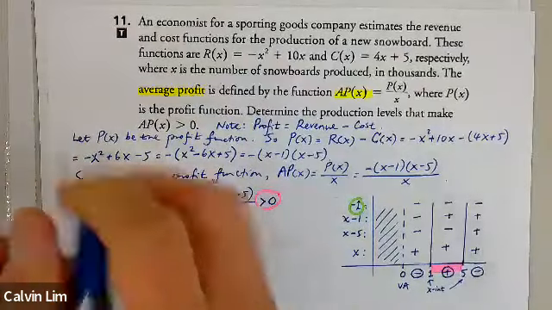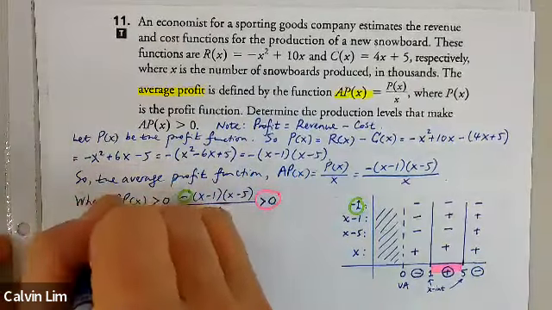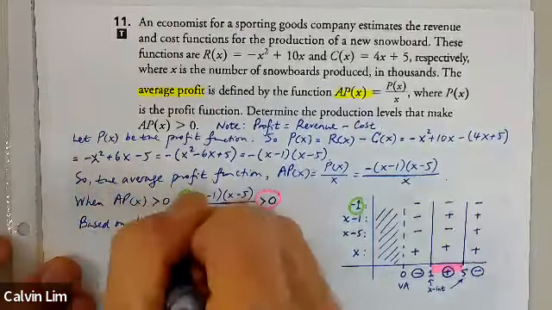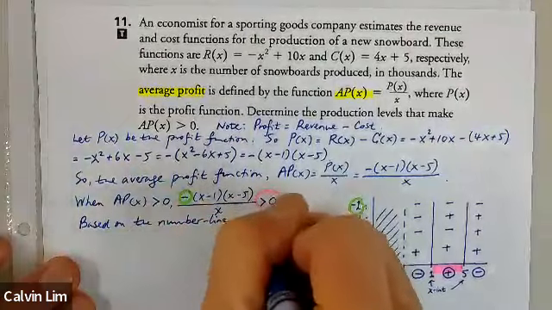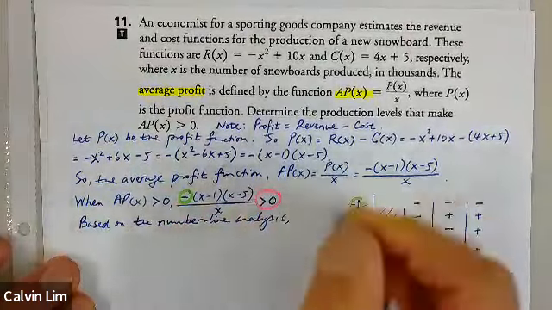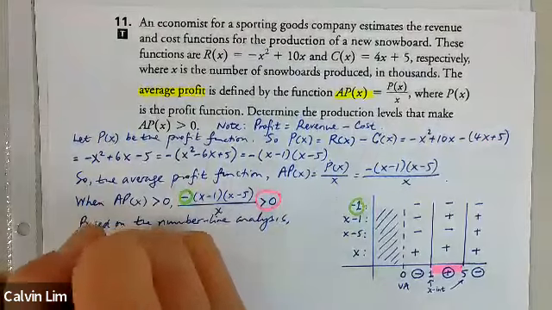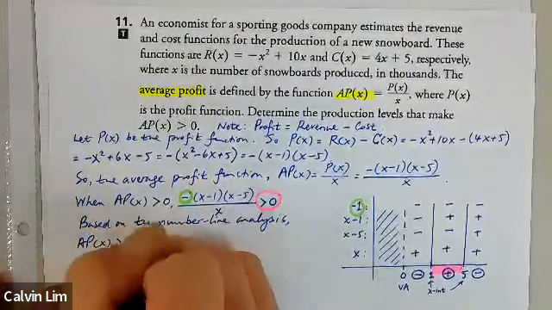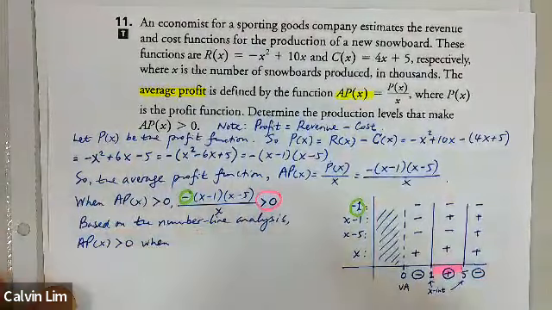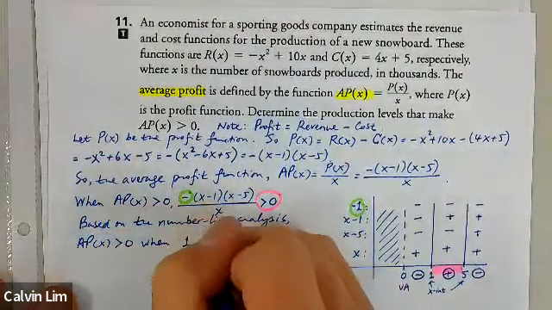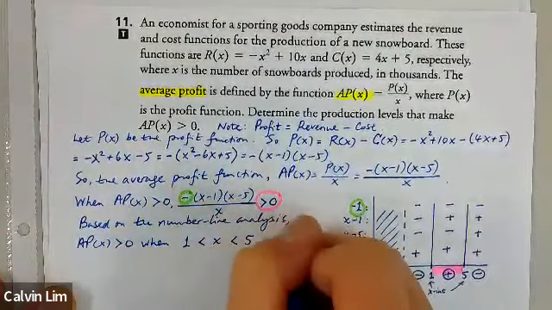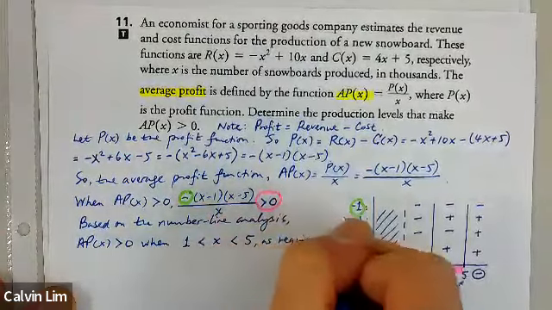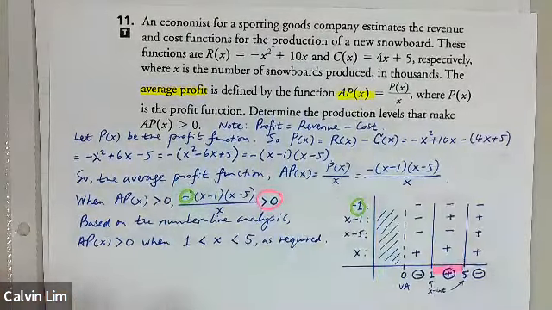So based on the number line analysis, AP of x is greater than 0 when 1 is less than x is less than 5, as required. Do we have to write based on the number line analysis?